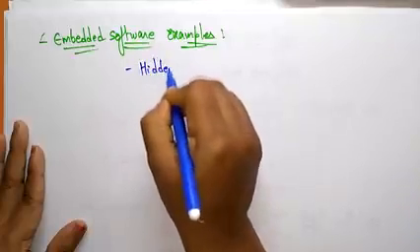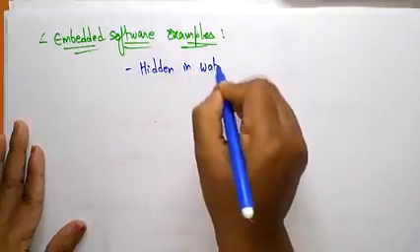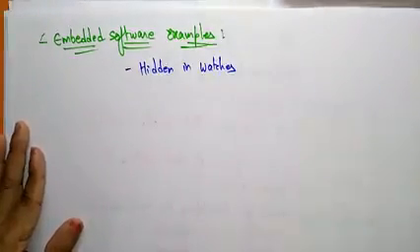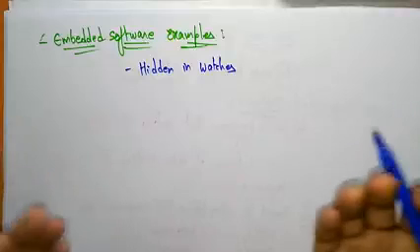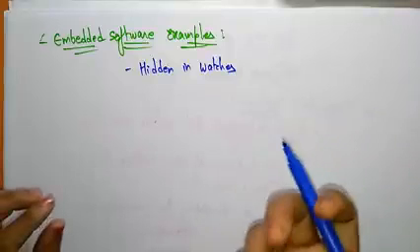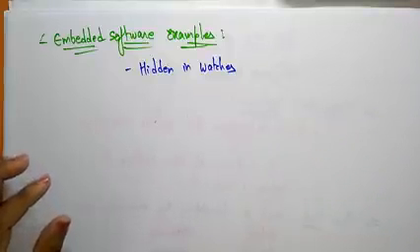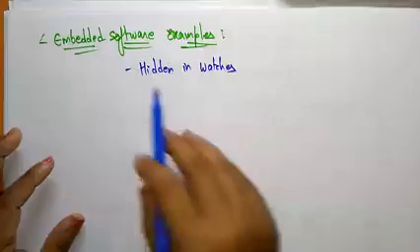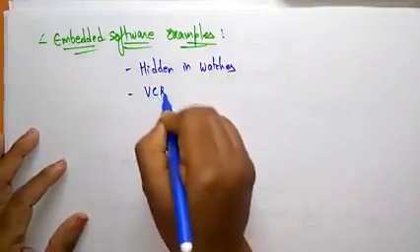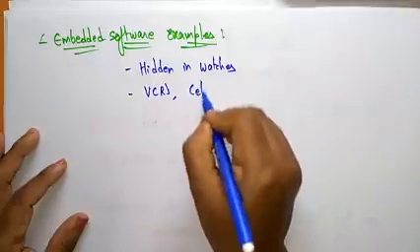This embedded software is hidden in watches. It means it is a piece of program which is going to control the watch. If the watch wants to run, you need to include some piece of code, a piece of program that has to be stored in the chip, so that the hands will rotate. It is hidden in watches, and it also works in VCRs and even cellular phones.